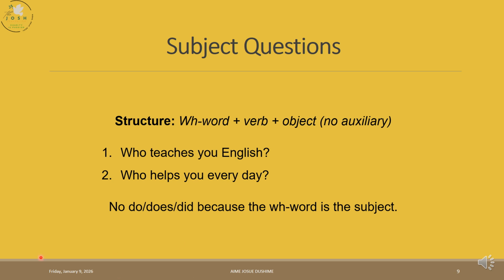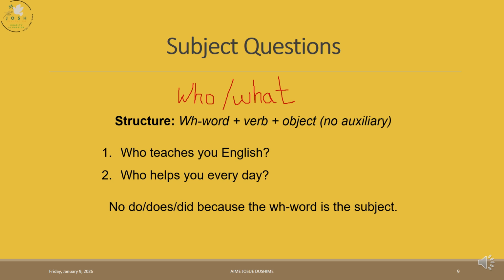When we reach what we call subject questions, keep that in mind. We use who. If it is not who, I use what.